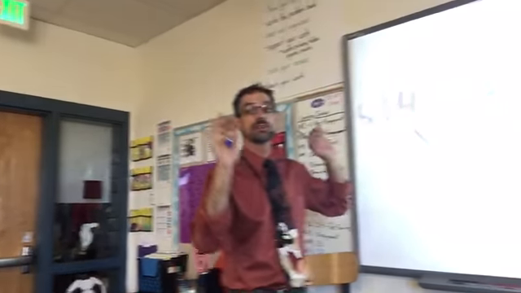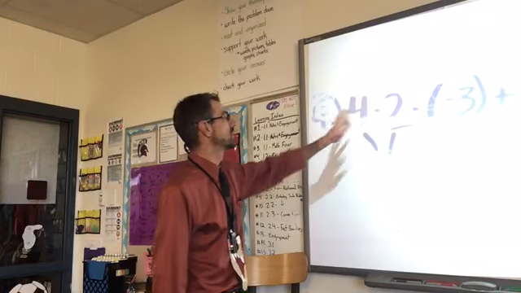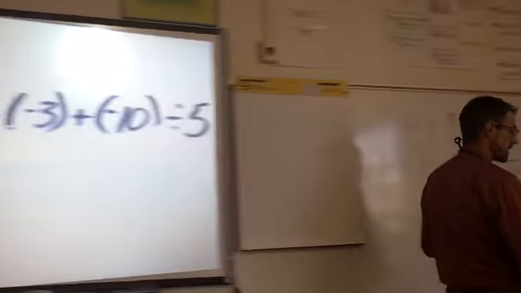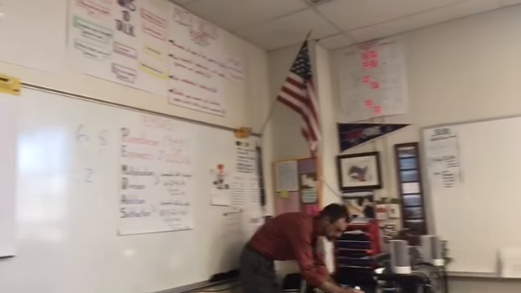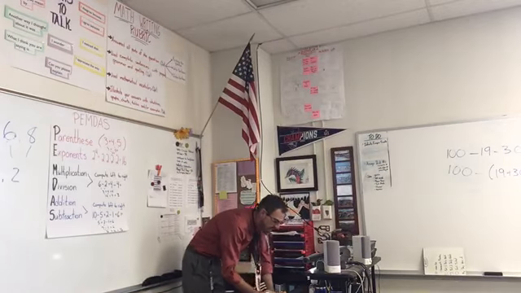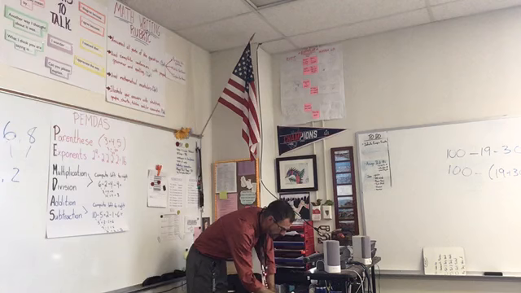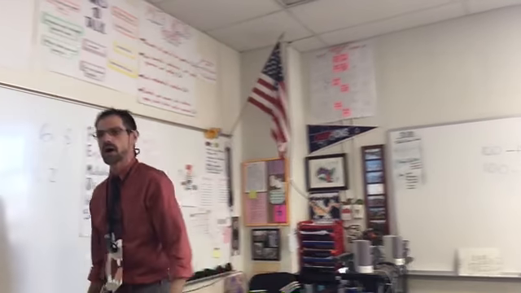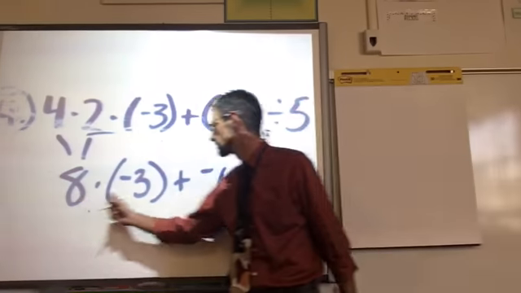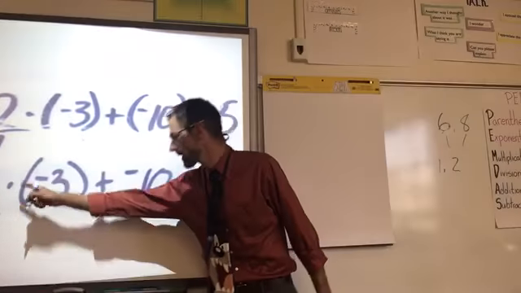So whether it's division or multiplication, furthest to left. So here I have 4 times 2. And you can check this as number 4. So 4 times 2 is 8. And I'm going to rewrite it again. Take it one step at a time. So now what? Michaela, what do I do now? 8 times 3.